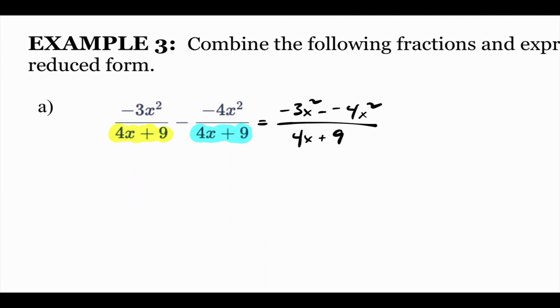Well, first of all, it's minus a negative, so that's going to be double negative. Double negative makes positive. Can I add them together? Are they like terms? Yeah, they are like terms, right? So I can add negative 3 plus 4, and I get positive 1x squared over 4x plus 9.